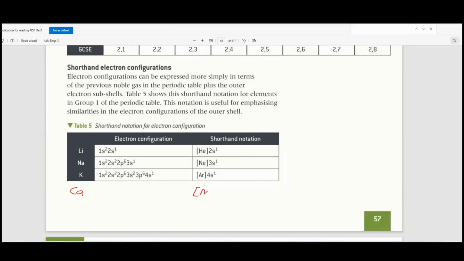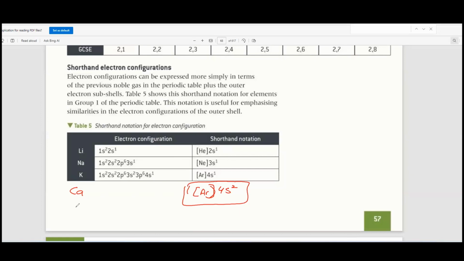So we can just write Ar like this. And we definitely know that Ar will have a complete outer shell of 8 electrons. So we will have 4s2. We can write in shorthand notation like this: Ar, then 4s2. You can do it for any one of them. Any element you get, you can write like this.